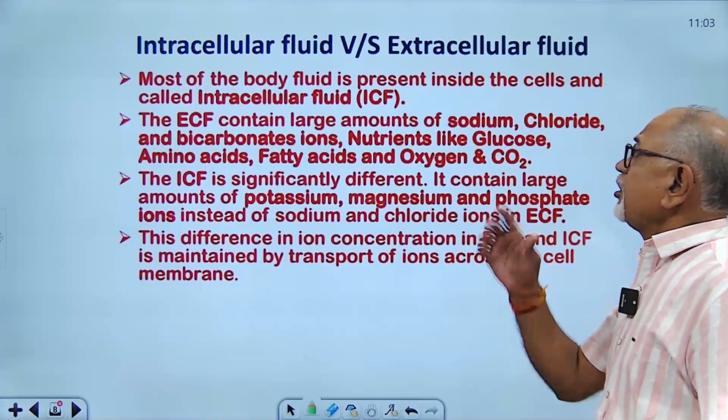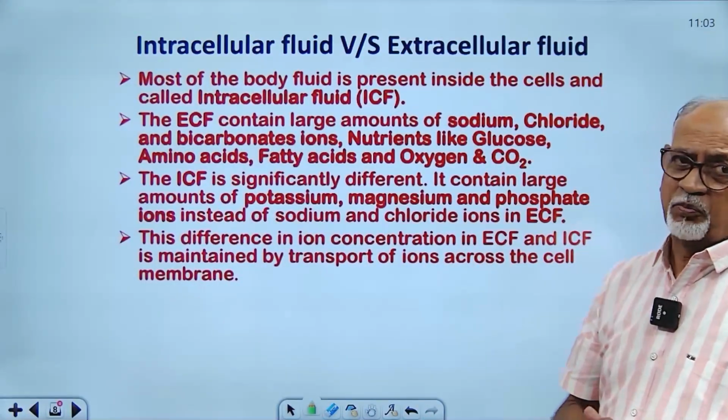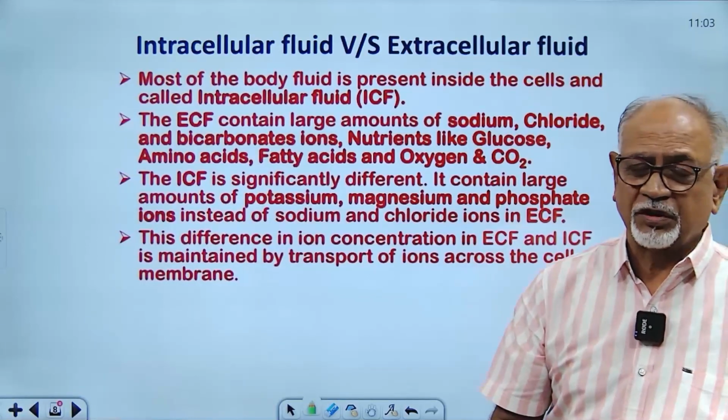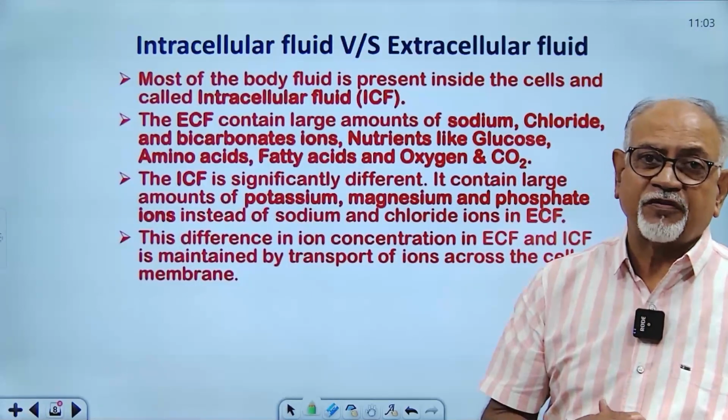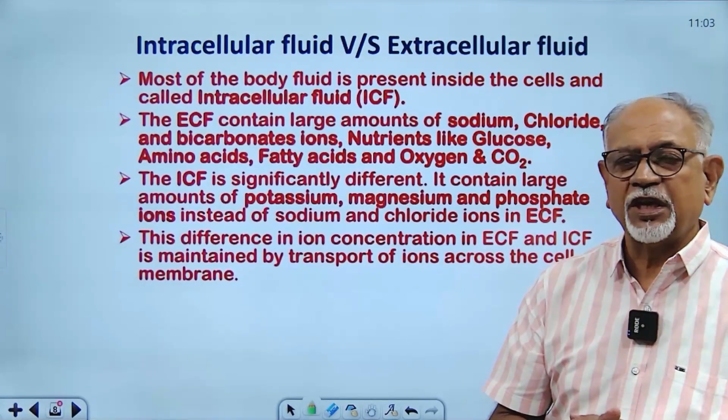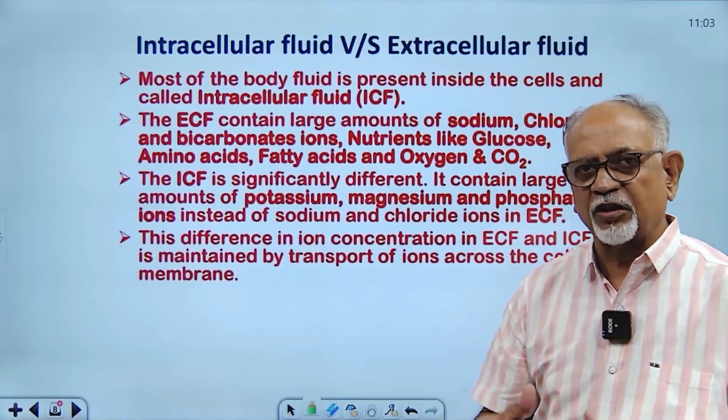Now the intracellular fluid versus extracellular fluid. There is a considerable difference between the intracellular fluid and extracellular fluid.